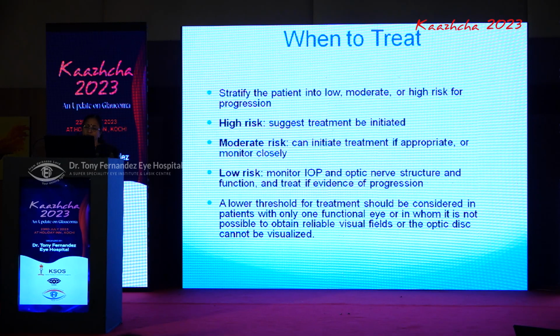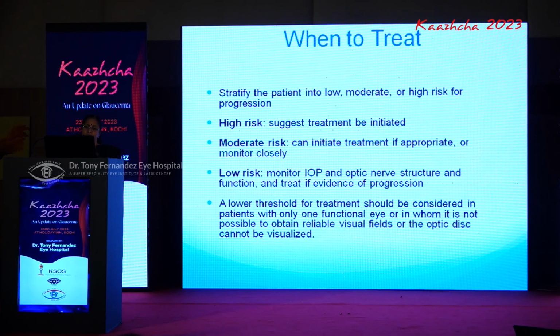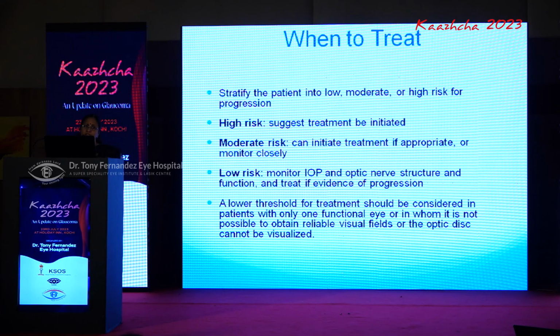So, when to treat a patient? In the studies, actually, the patients were stratified using the calculators into 3 strata: low risk, moderate risk, and high risk. And for the high risk patients, always before starting therapy, you have to discuss it in detail with the patient as well as the caregiver.